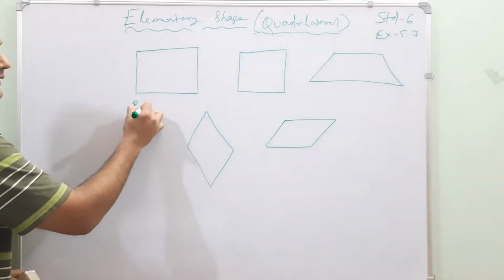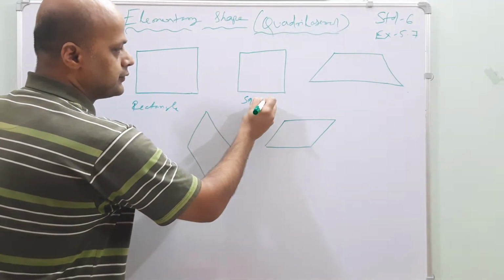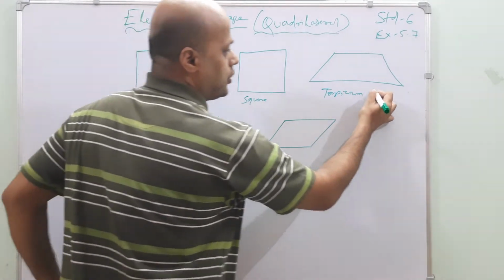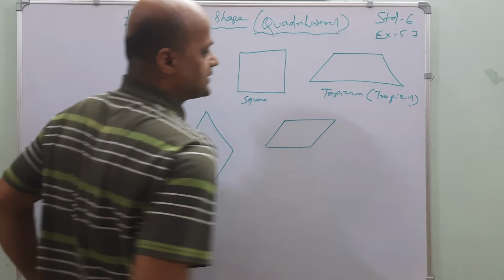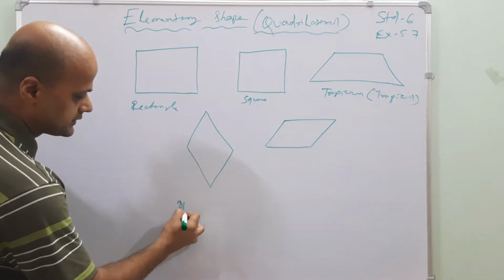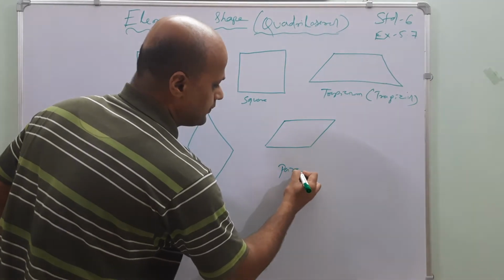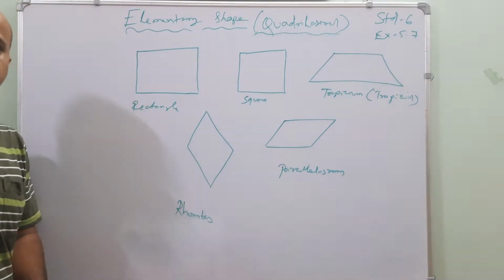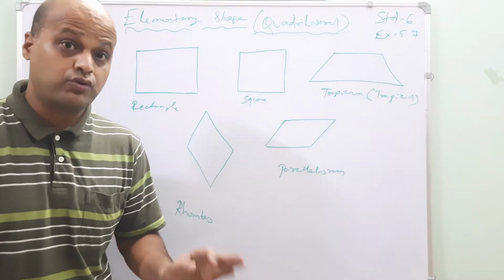Rectangle, square, trapezium or trapezoid, the two names are the same, rhombus and parallelogram. Today we will be studying these 5 shapes or quadrilaterals.